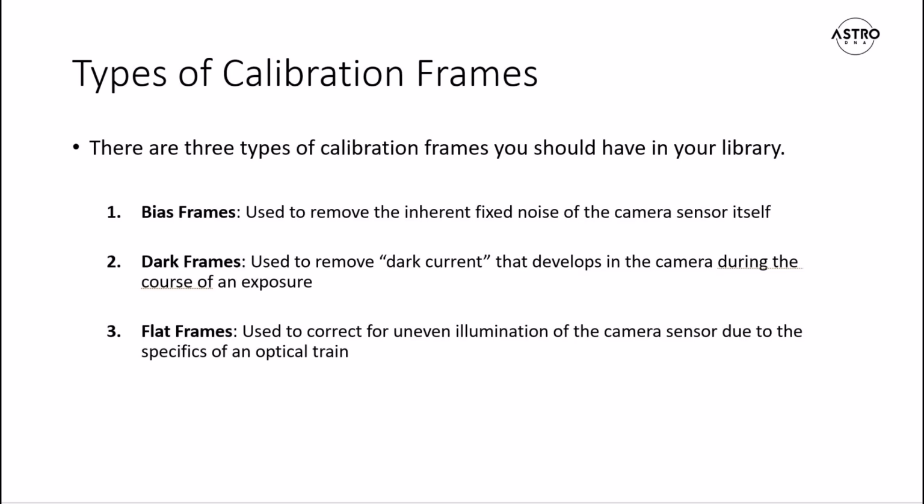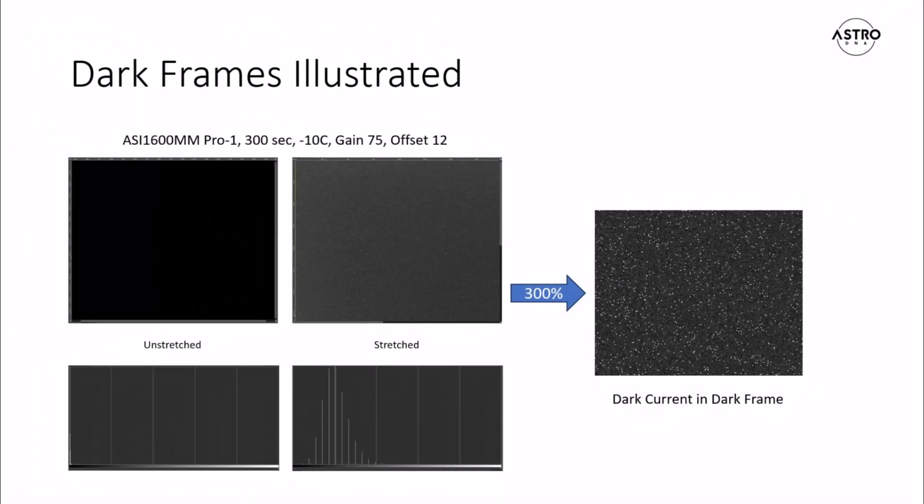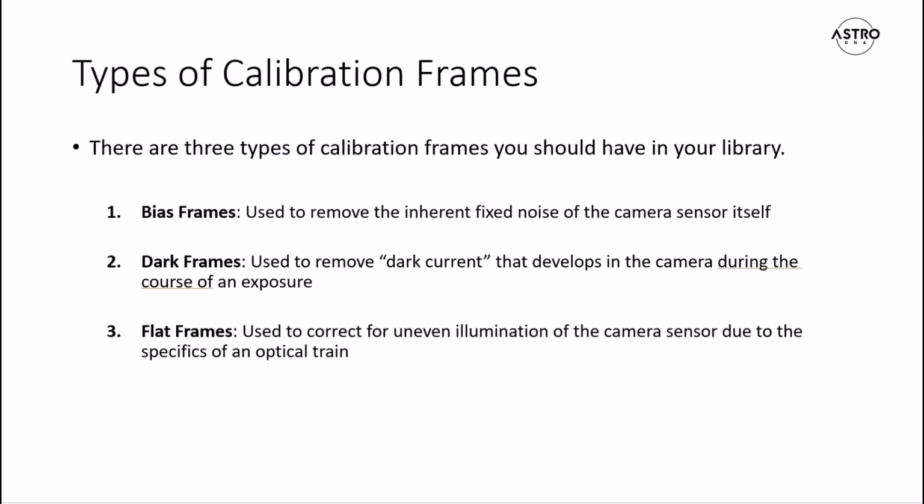Dark frames. As we take exposures in astrophotography, those exposures tend to be very, very long, and the longer the exposure, the more the chance of dark currents developing on that CMOS sensor, and those become sources of noise. We want to remove any of the dark current with dark frames.